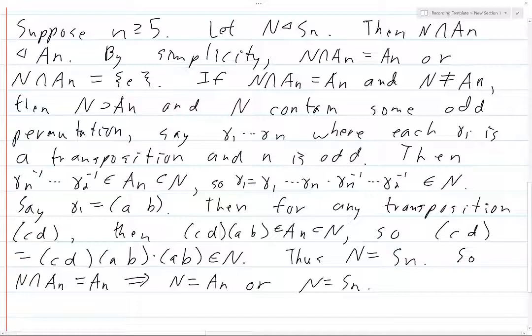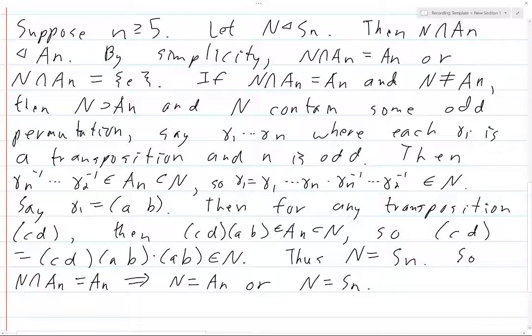Okay, so that's good. That means we're on the right track to proving that the only normal subgroups are E, Sn, and An. So this was a situation where N intersect An is equal to An.